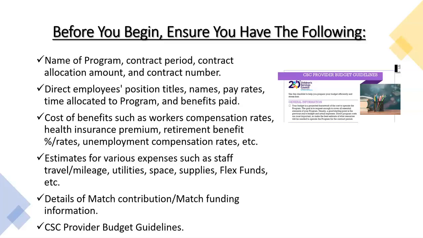You'll also need the details of your match contribution or your match funding information. Most important, you will need the CSC provider budget guidelines. These guidelines will provide detailed information on each section of the budget form and answer any additional questions or concerns that you may have.